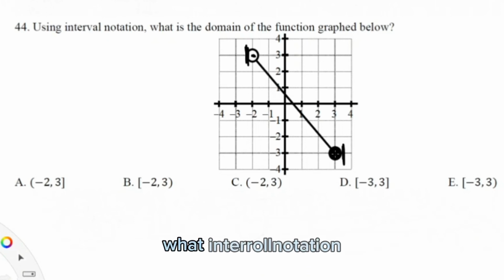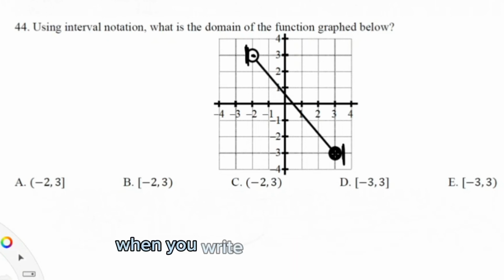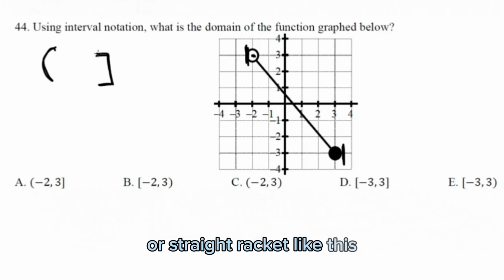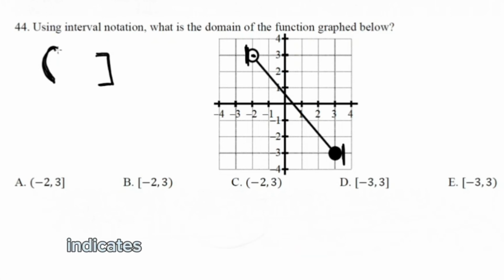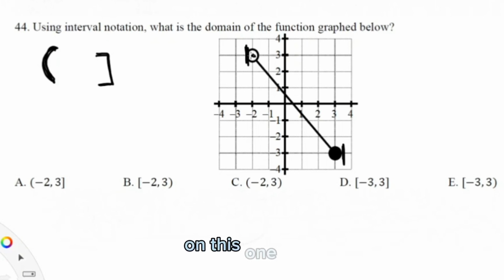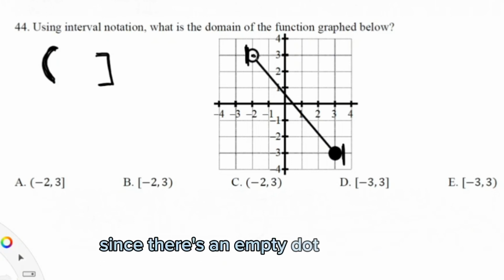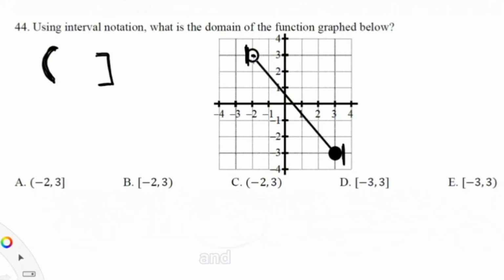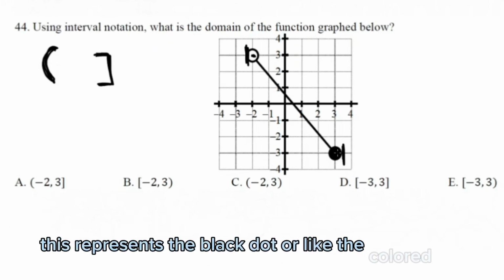What is interval notation? In interval notation, when you write the two numbers, you can either use a curved symbol like this or a straight bracket like this. The curved symbol indicates that it does not include the number. So for example, on this one, since there's an empty dot right here, we would use a curved symbol on the left side. And then the square bracket, or just the straight one, represents the black dot, or the colored dot.